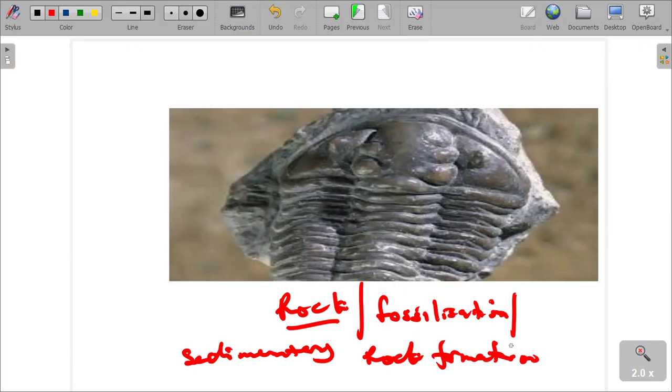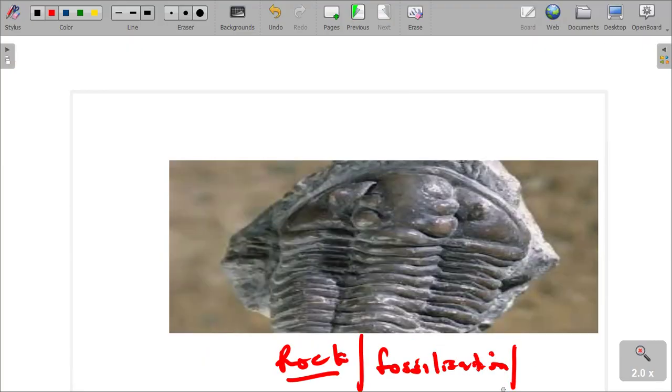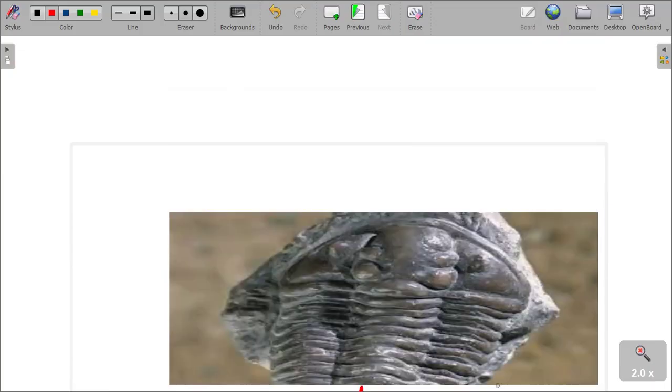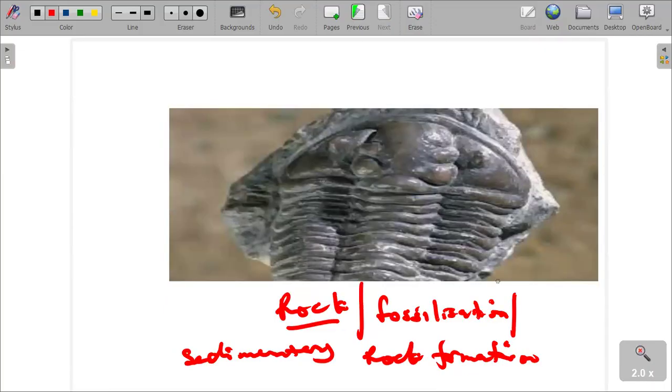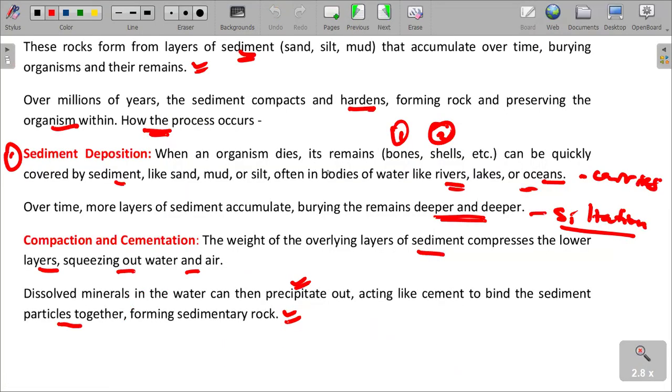You can see here an example of a rock structure formed through the processes we just identified: sediment deposition, and then compaction and cementation, which allows the dissolved minerals in water to come out and act like cement to bind the sediment particles together.